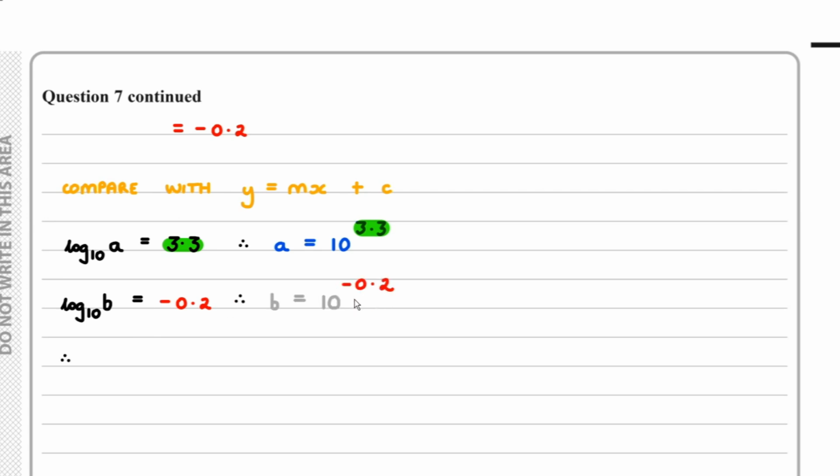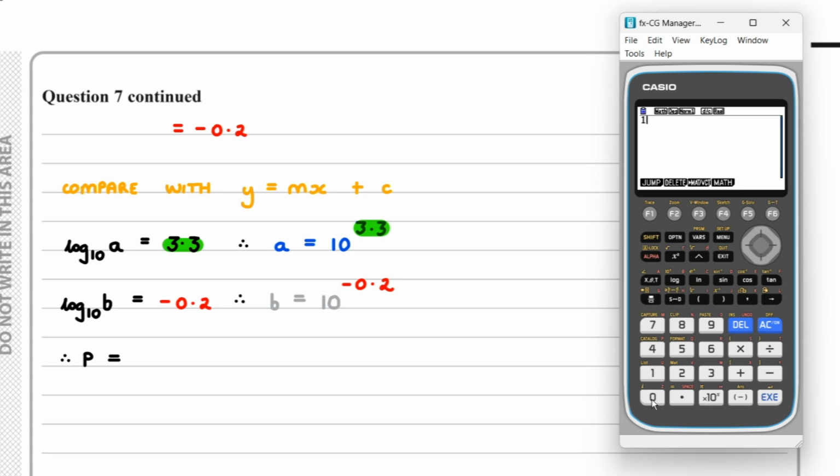which means b equals 10 to the negative 0.2, which means p will equal a, which is 10 to the 3.3. So 10 to the 3.3 is 1995.26, etc. to 4 significant figures, that's 1995, multiplied by b, which is 10 to the negative 0.2.